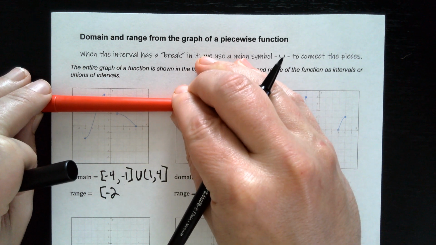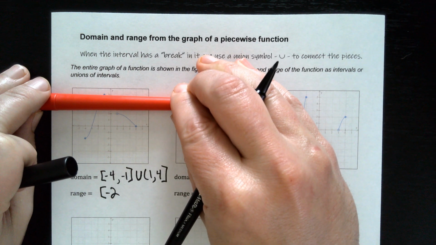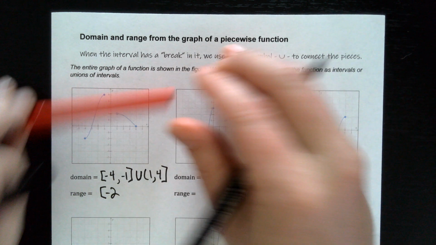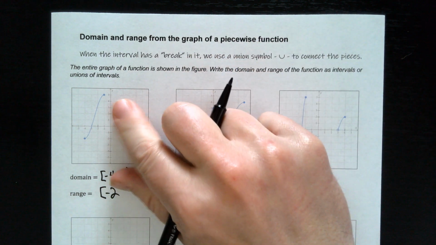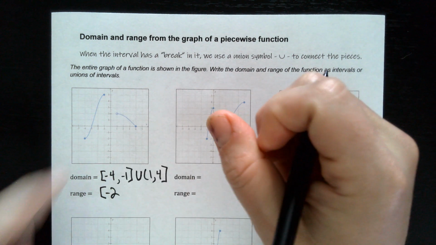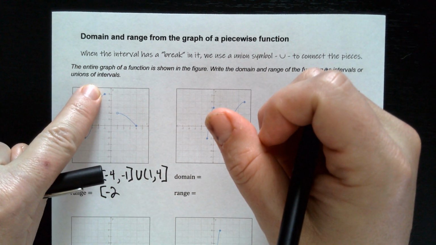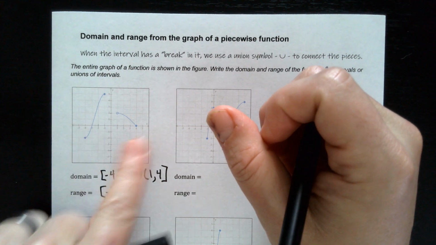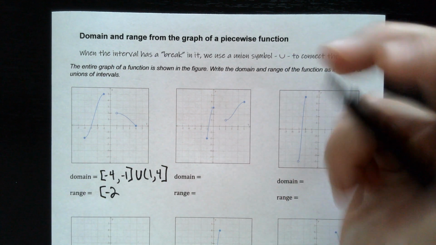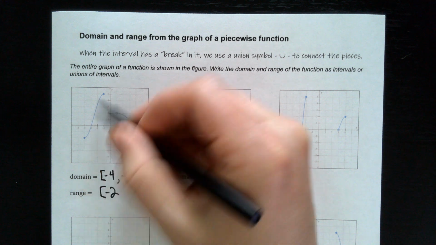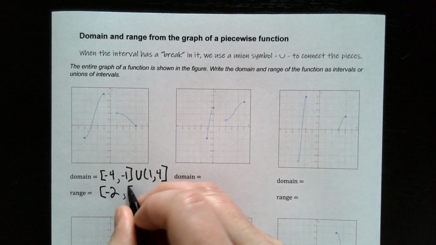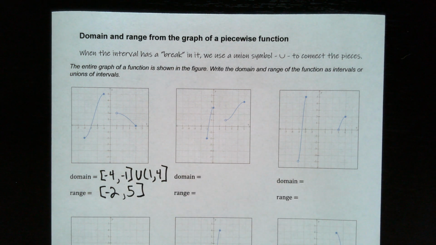It's all the way up to 5 before, if you go past 5, it's no longer going to be touching the graph. So this part on the range doesn't really affect anything because this goes from all the way down to -2 all the way up to 5 without stopping. So this is within that range, so we'll just ignore it. So we'll go from -2 all the way up to 5, and that's included. And on that one, you do not need a union because it's just one answer.